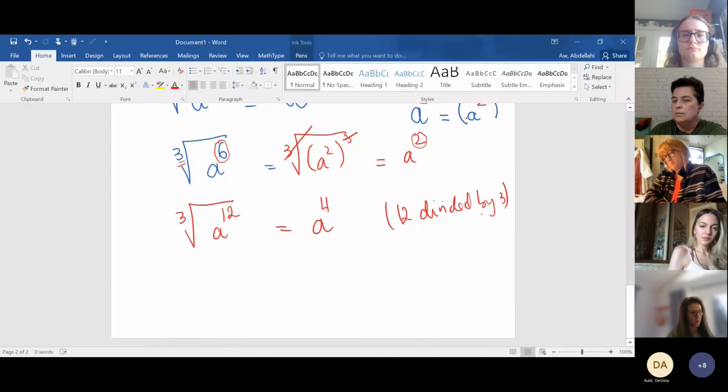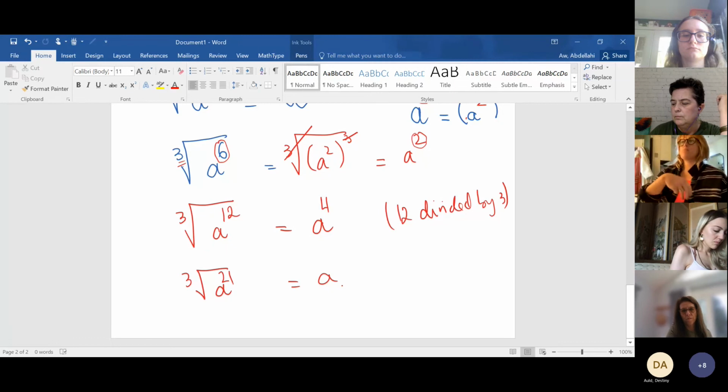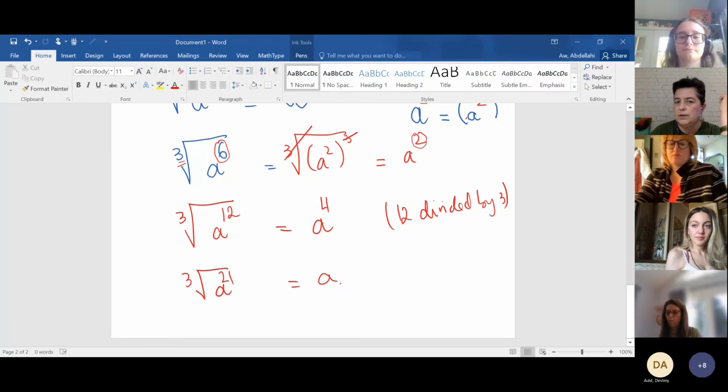Cube root will divide each exponent by 3. The same way square root divides them by 2, cube root divides them by 3, right? So cube root of a to the 21, how much is that then? A to what power? 7. A to the 7th, right?